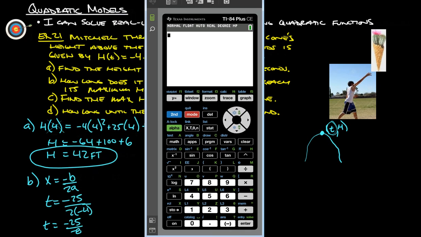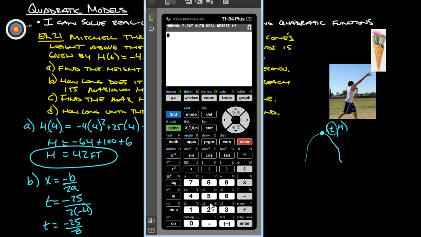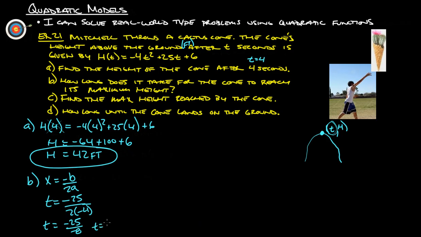So then when we calculate that out, 25 divided by 8, because they're both negative, it's going to end up being a positive 3.125 seconds. So time is going to equal 3.125 seconds. And that's going to be B. Okay?